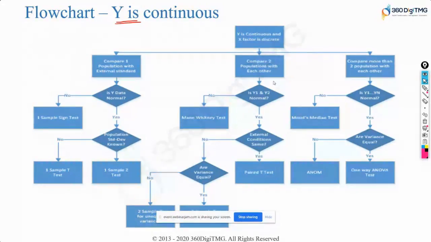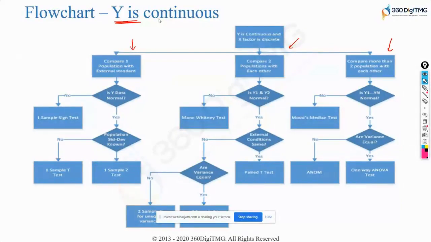Now, there are three different options or branches that you need to understand when the value that you are estimating is a continuous one. So first understand the data type of the value that you are estimating, and then see how many such values you are basically evaluating.